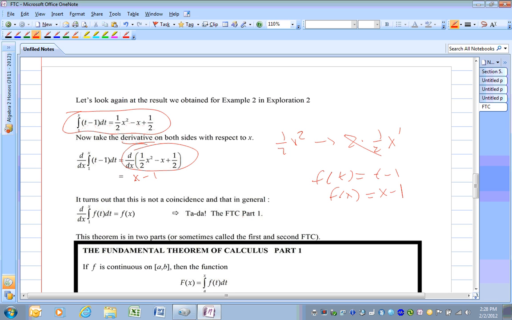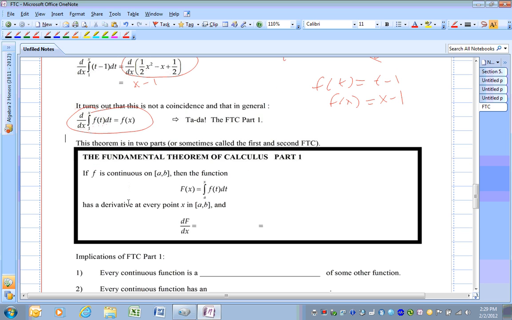The fundamental theorem of calculus part 1 states this right here, that if you take the derivative with respect to x of the antiderivative from 1 to x, you're basically just going to get the same thing. So it kind of shows how these are inverses of each other. You take a derivative, take an antiderivative, and if you're going from 1 to x, you're basically going to get the same function, but this time it'll just be in terms of x. So that's one of the parts of FTC.